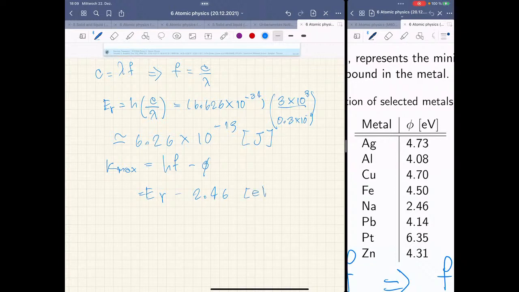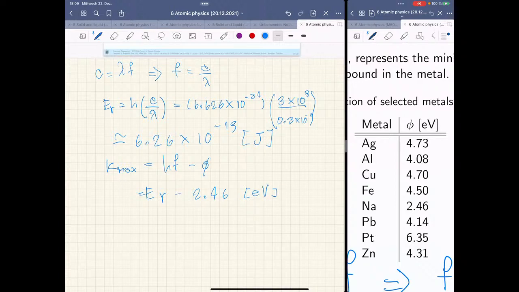It's in eV, right? If you want to work in the SI scale, you have to convert every value into joule, right?